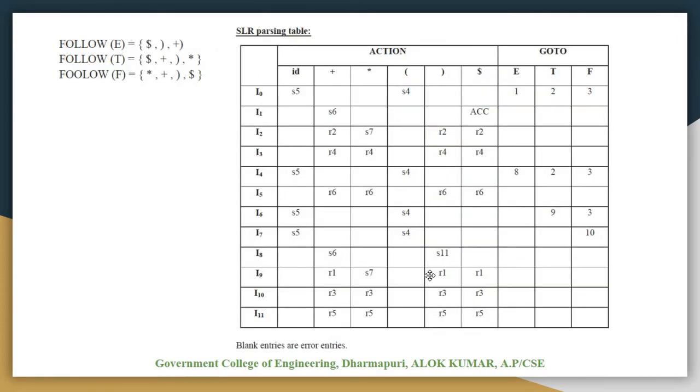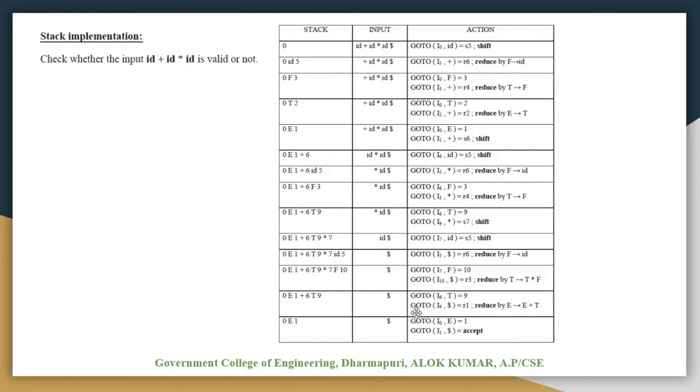Because of this we are going to reduce: E is generating E plus T, so E plus T will be reduced to E. So E we are keeping, E dollar we will see, go to, at that time 1 is coming, so here 1 we will keep. After that go to I1 and dollar we will see, that is accept. Because of this we can see the string is accepted by the SLR parser.